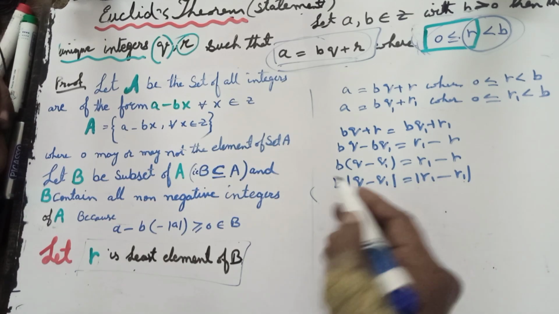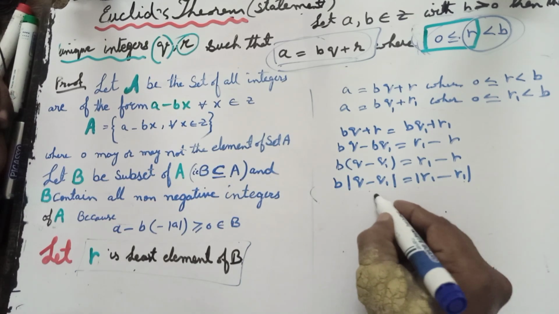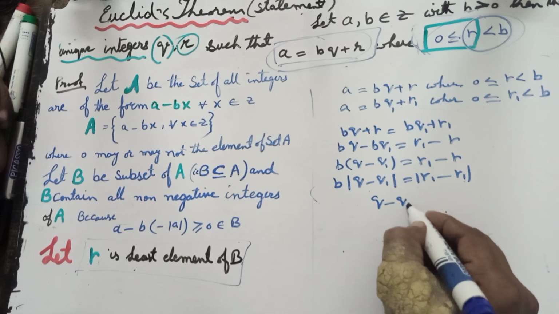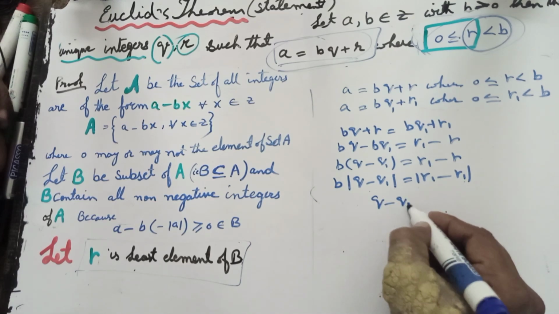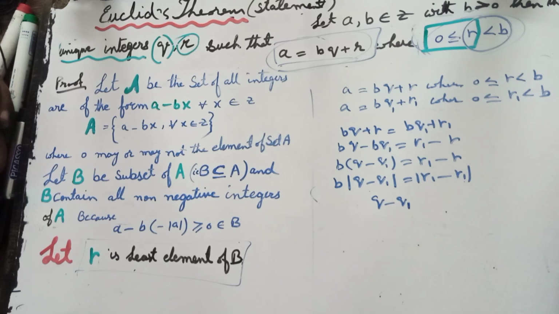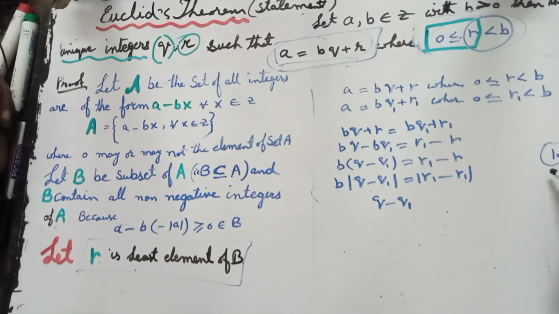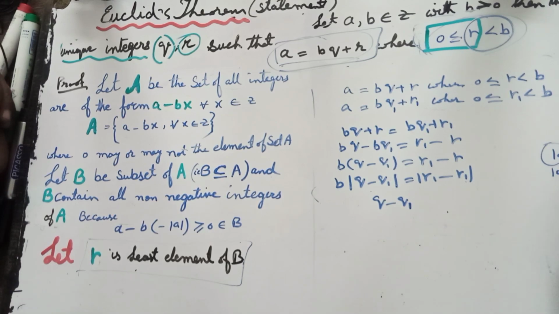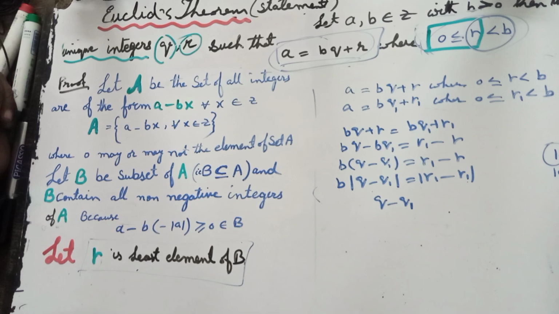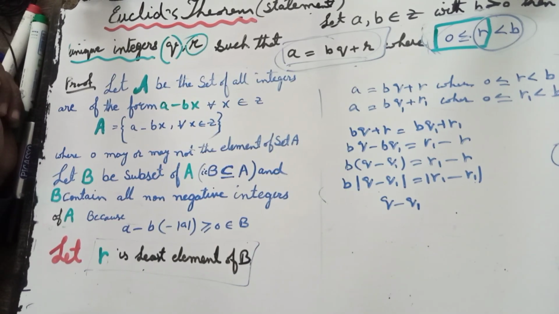Here I give you an example: 2 is equal to 10 into x. If this is small and this is greater, this value must be less than 1. This is 1 by 5, less than 1.